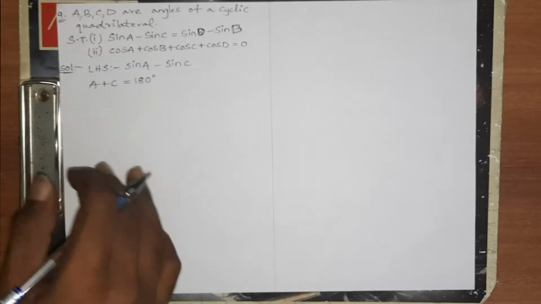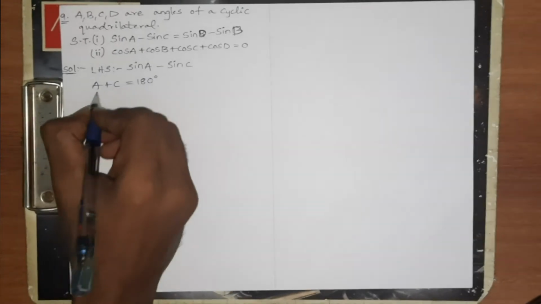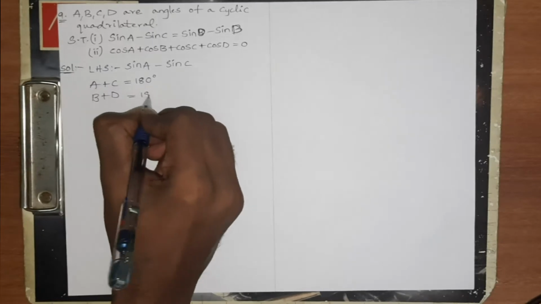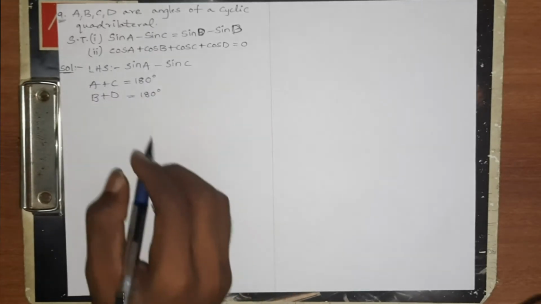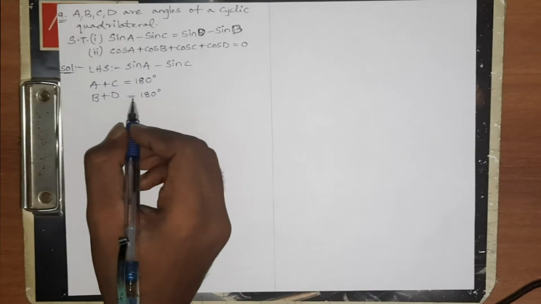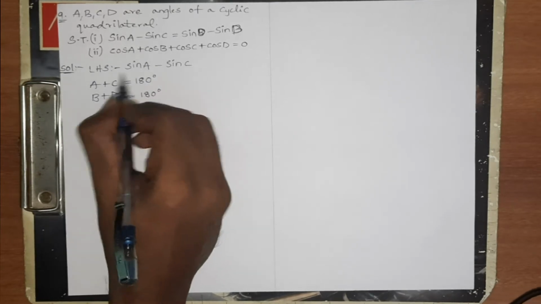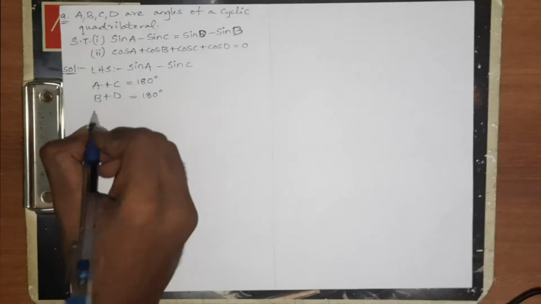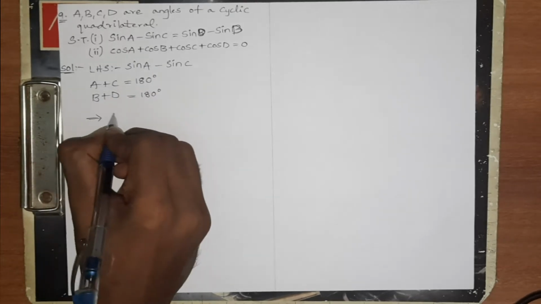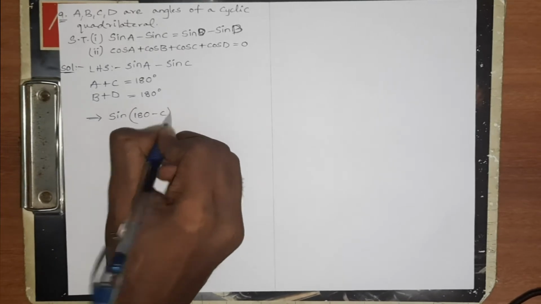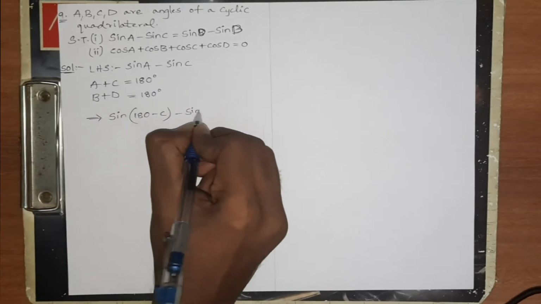Sum of opposite angles is equal to 180 degrees, and the other end B plus D is equal to 180 degrees. So we can write this A as 180 minus C. So that implies sine 180 minus C minus sine C.